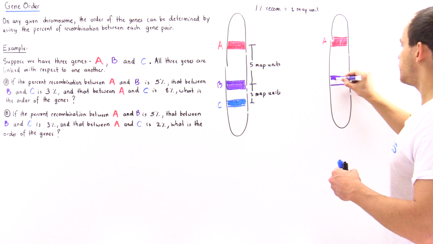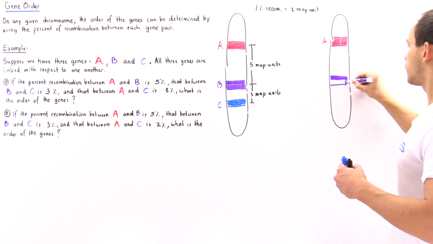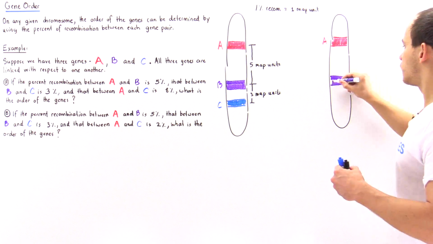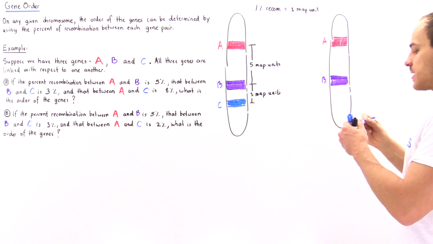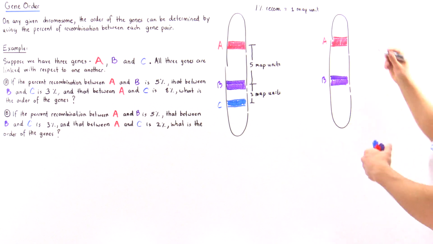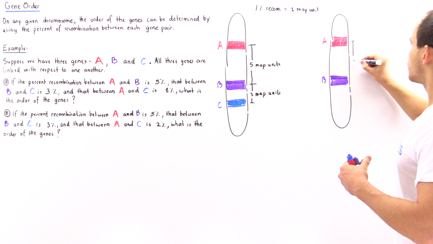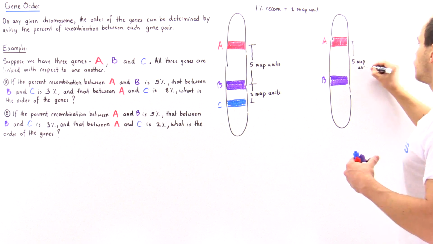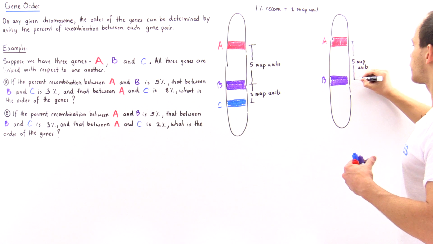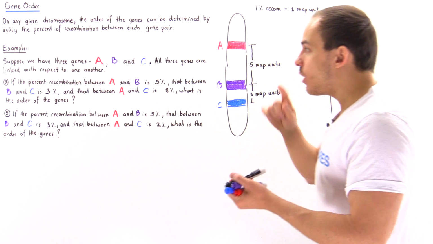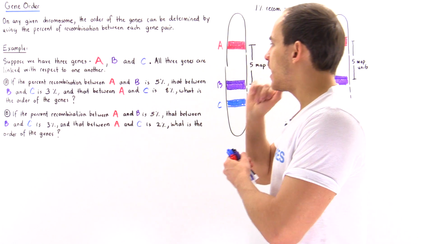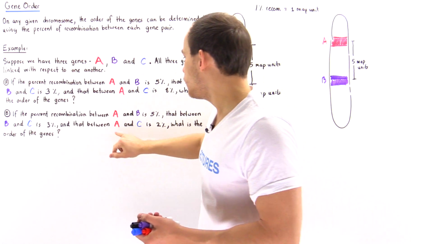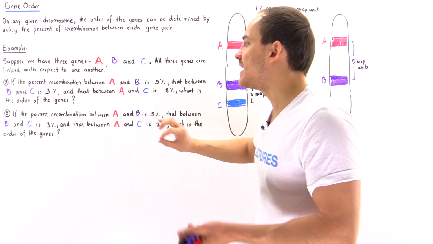So this is our gene B. This is still 5%, so it's still 5 map units. But now we know that the percent recombination between A and C is 2%, not 8%.